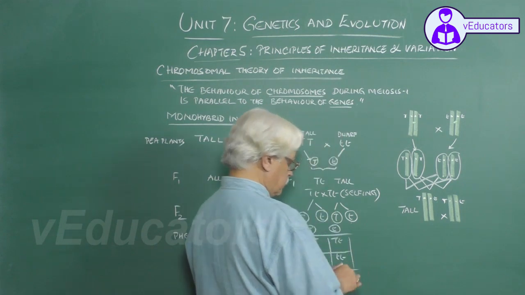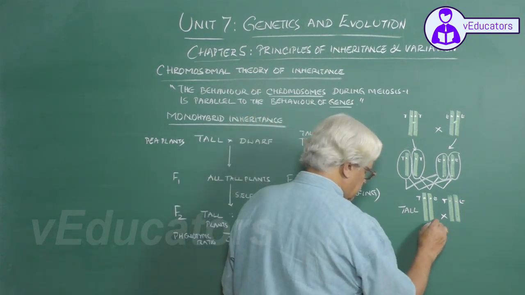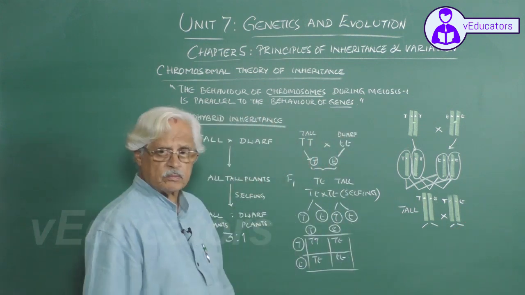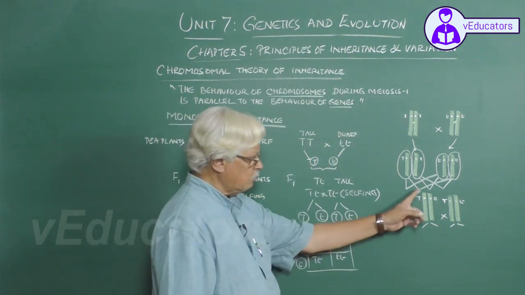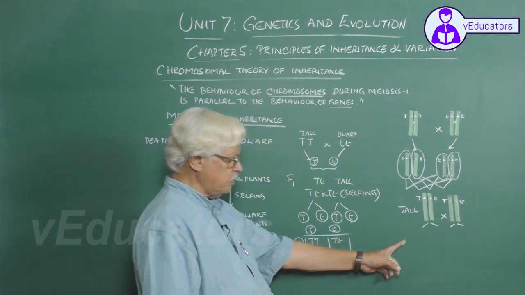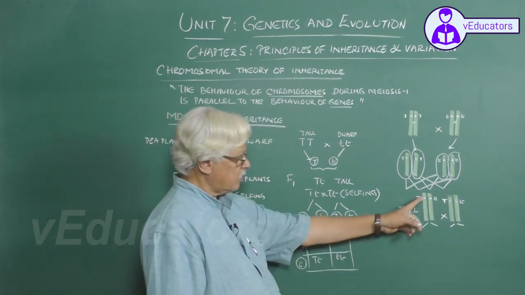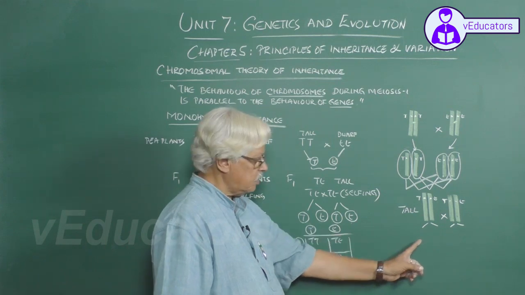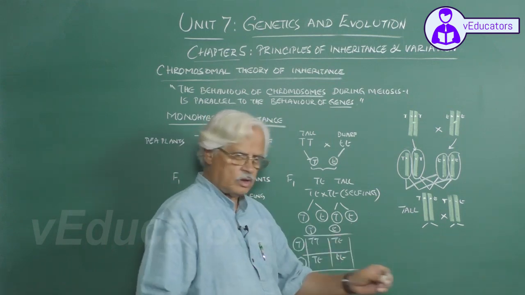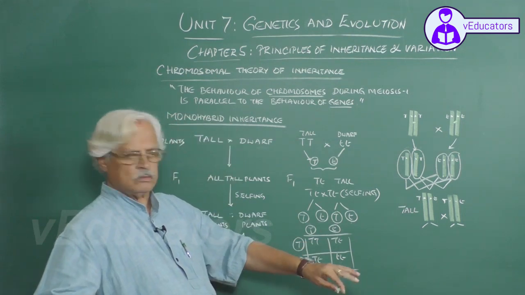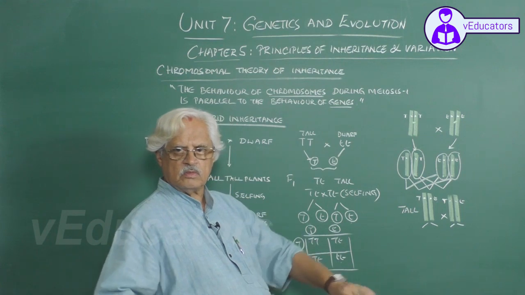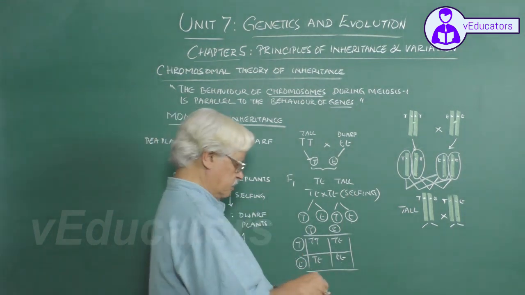Now, during the formation of gametes, see what is going to happen. One homologous chromosome goes to 50% of the gametes, the other homologous chromosome goes to another 50% of the gametes. That means the homologous chromosomes are segregating, therefore the genes are segregating, the factors are segregating.